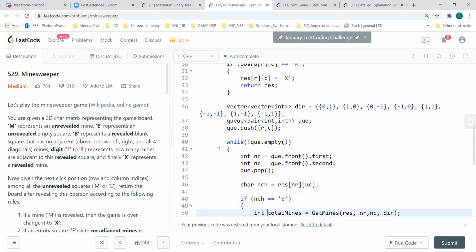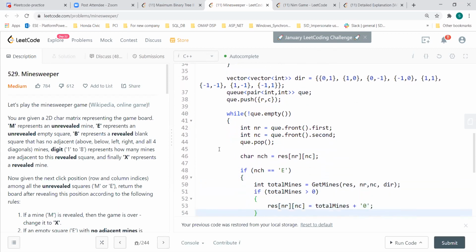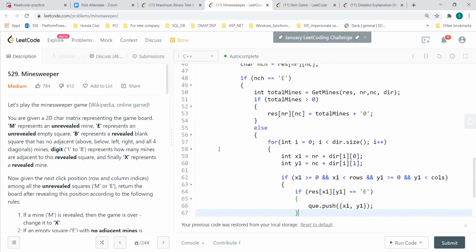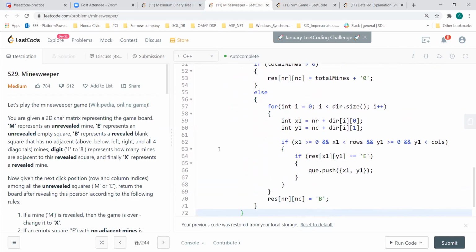If there are mines, I just add something like this. Just imagine for now this getMines function: if I pass in this parameter, I will get however many mines are around all its neighbors. If I get a mine count, I just update the cell with that number of mines. In case I don't get a mine, I go in all the 4 directions, and wherever I find E, I push it to the queue.